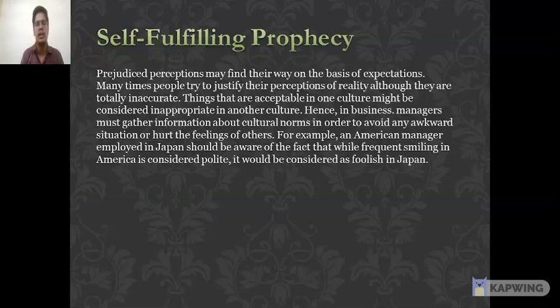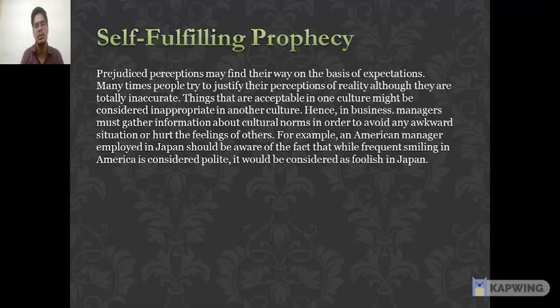The next and the last one is self-fulfilling prophecy. Prejudiced perceptions may find their way in on the basis of expectations. Many people try to justify their perceptions as reality, although they are totally inaccurate. Things that are acceptable in one culture might be considered inappropriate in another culture.